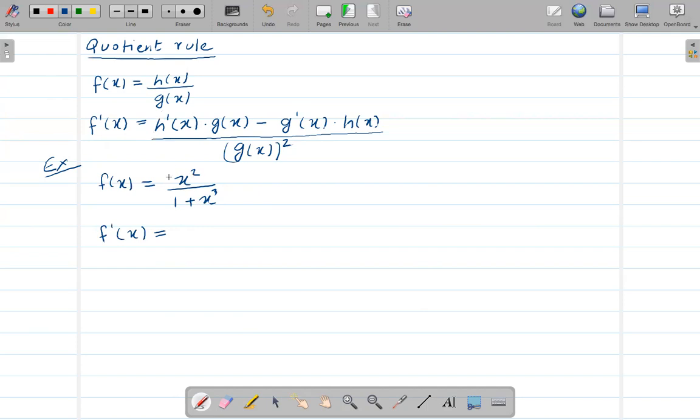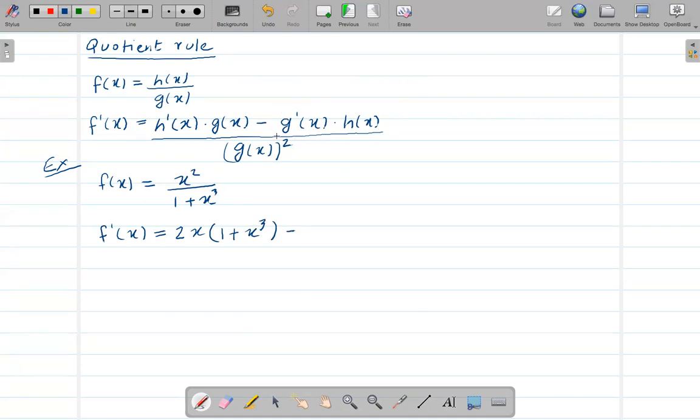The derivative of x squared will be 2 times x to the power 2 minus 1, which is just x to the power 1, so we don't have to write that, times the denominator, 1 plus x to the power 3, minus.